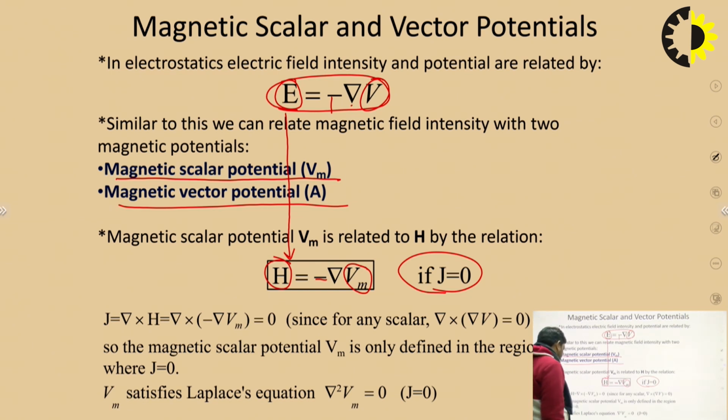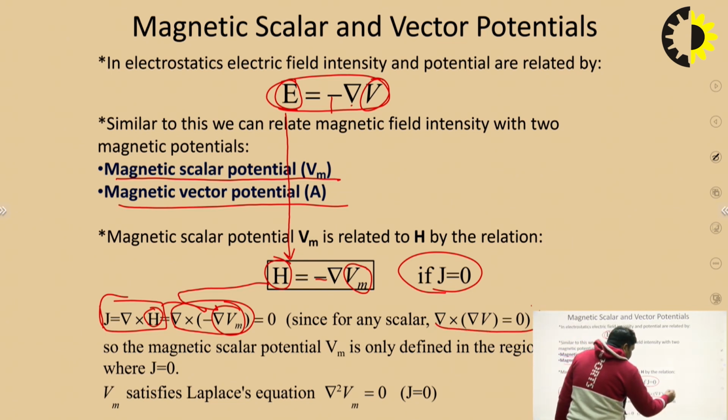Using J is equal to del cross H, by Ampere's circuital law, we put H is equal to minus del Vm and take the curl. We know the mathematical identity that the curl of any gradient should be 0. So del cross del V is equal to 0. This is the mathematical identity.